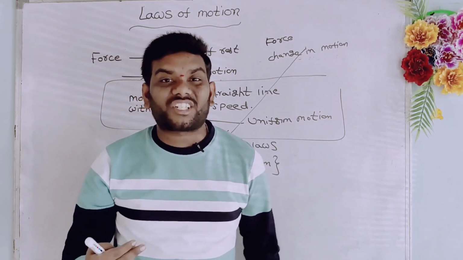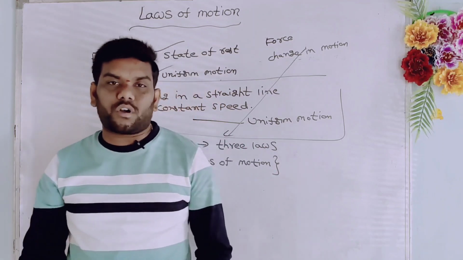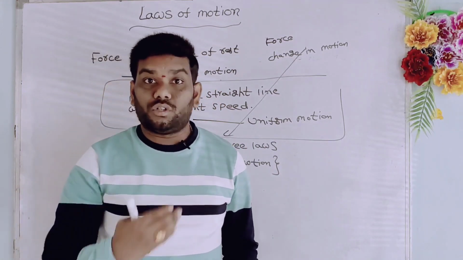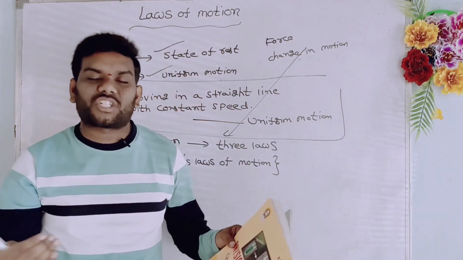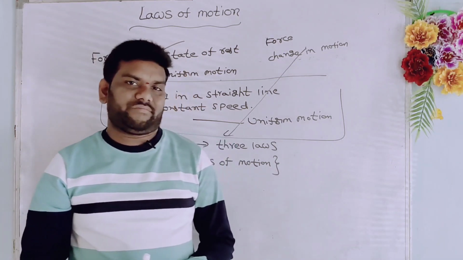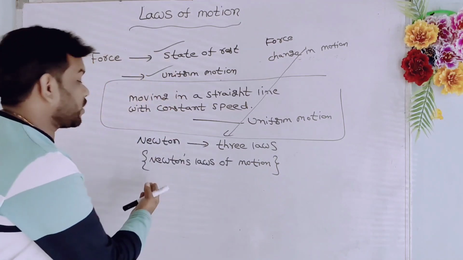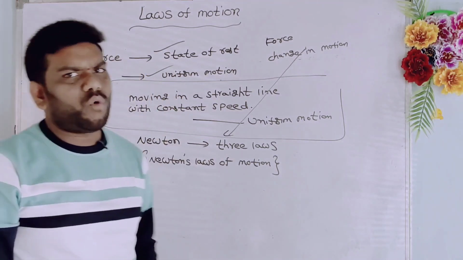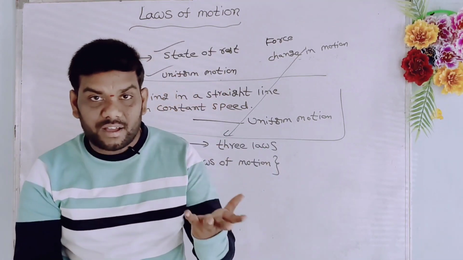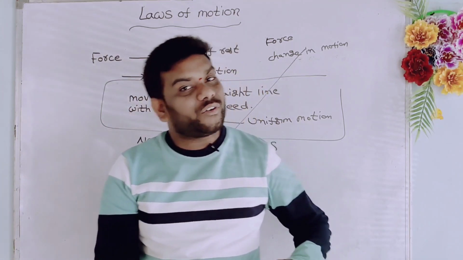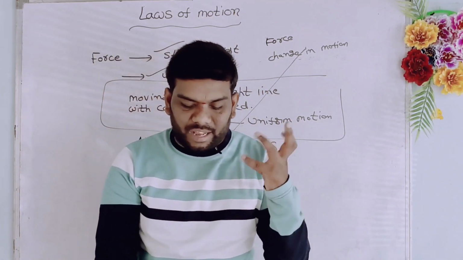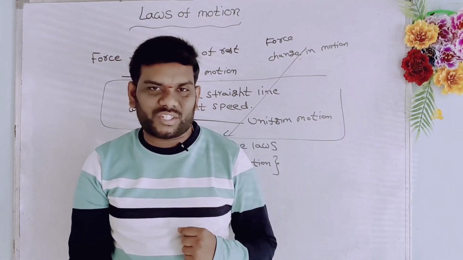That's why Newton explained the connection between force and change in motion, and it is called Newton's laws of motion: Newton's first law, second law, and third law. We are now going to learn about these 3 laws.